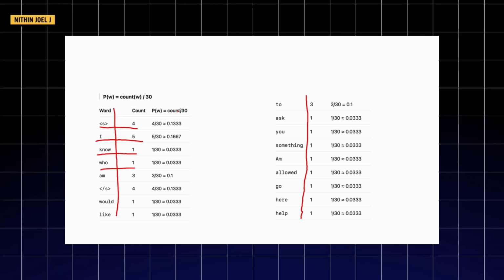As a third column, since we got 30 total tokens, we divide the count by the total number of tokens. So 4 by 30 is approximately 0.133, and 5 by 30 is about 0.1667. In the same way, all these P of W values are found over here.